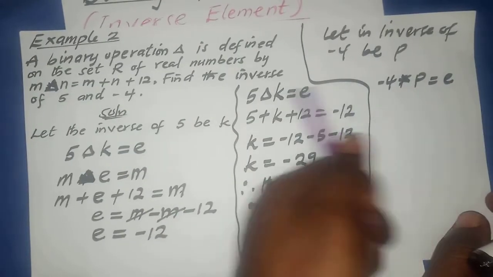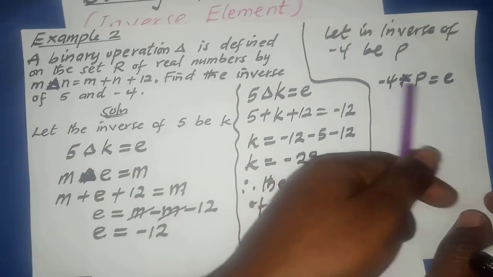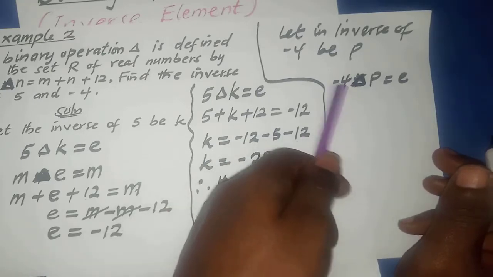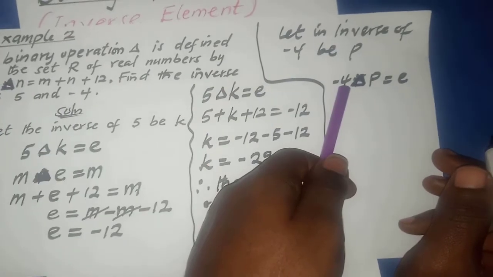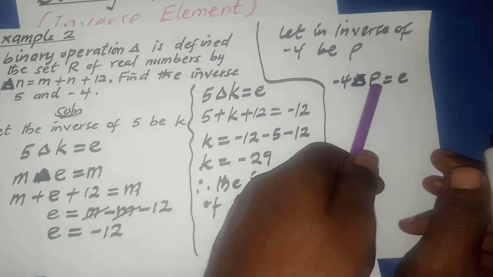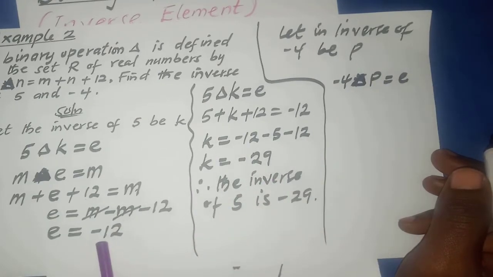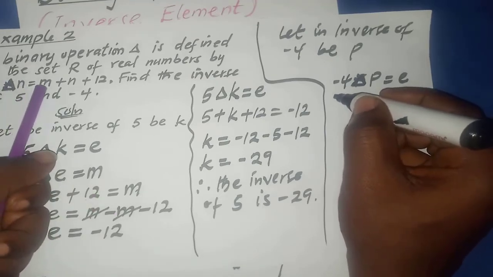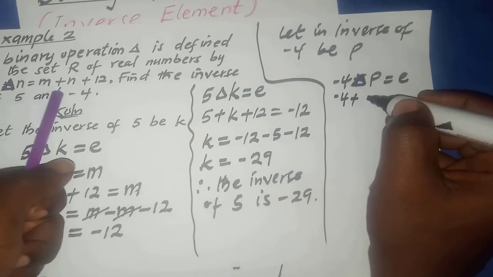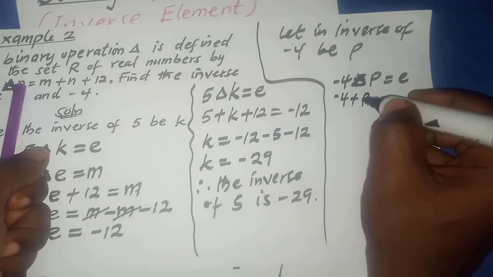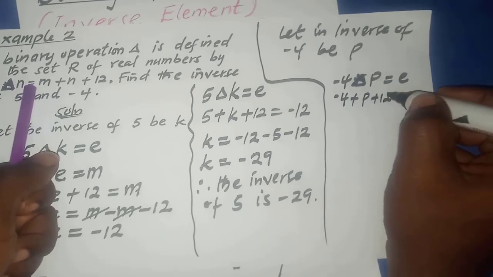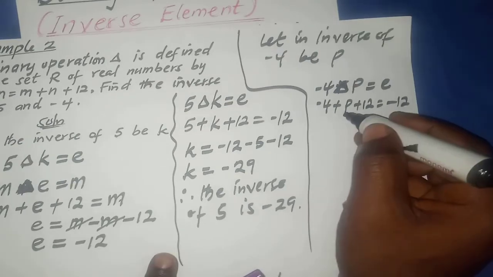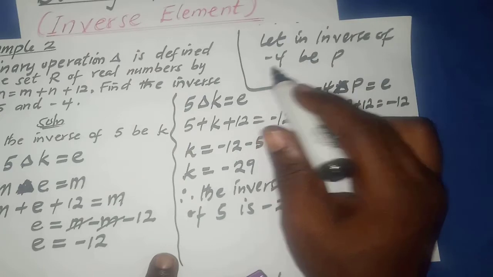We are going to use the definition to evaluate this. This is triangle. Our M we have over here is negative 4 and our N is what? P. Then our identity element is what? Negative 12. So we have the M, which is negative 4, plus the N, which is P, plus 12 is equal to the identity element negative 12. So now you solve for P, which is the inverse of negative 4.